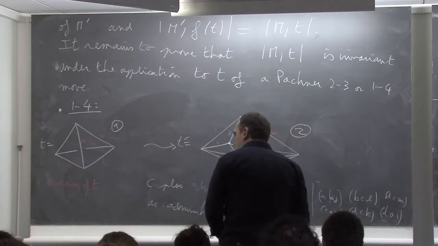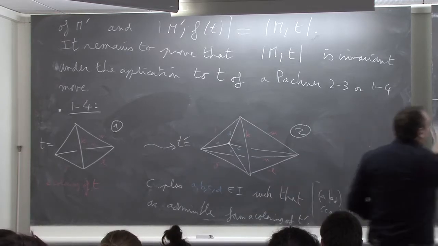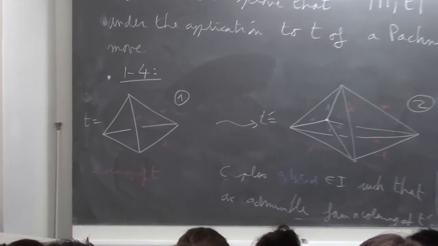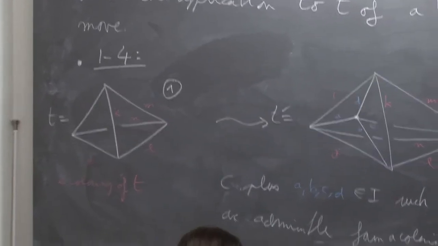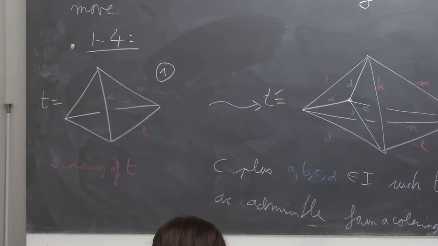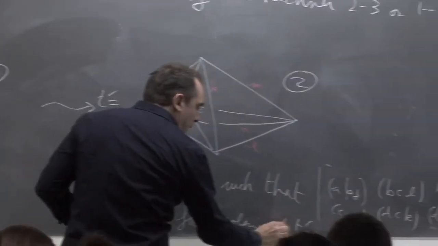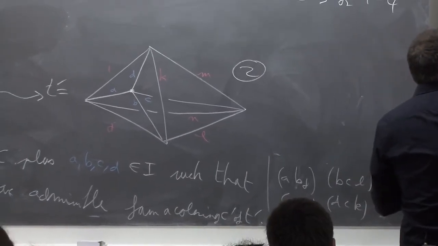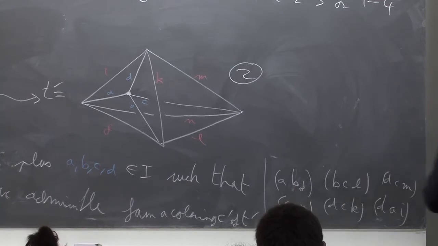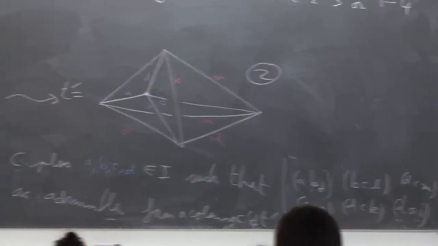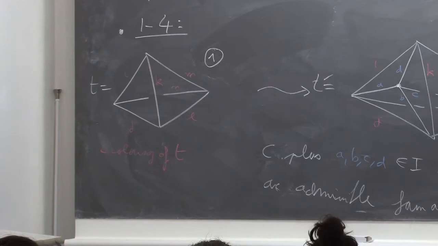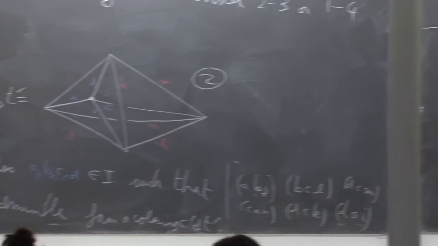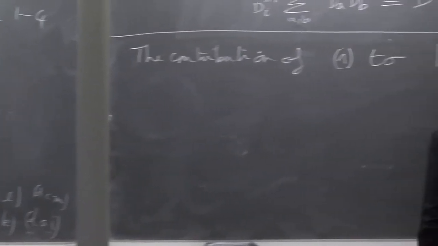So the contribution of one to the state sum, the coloring, let's call it C prime, is this number I, G, K, L, M, N.